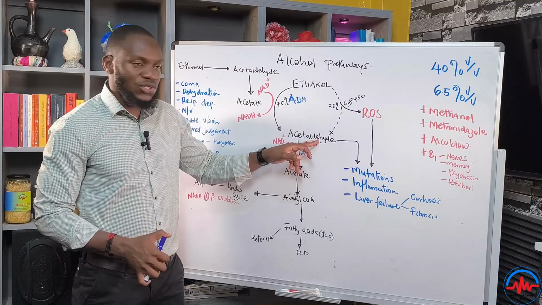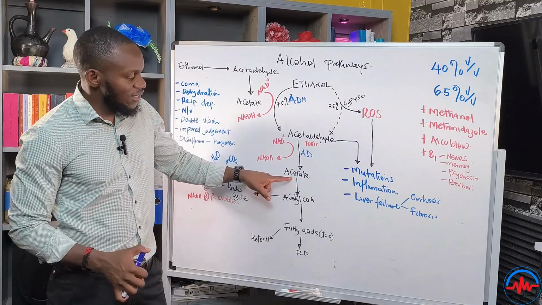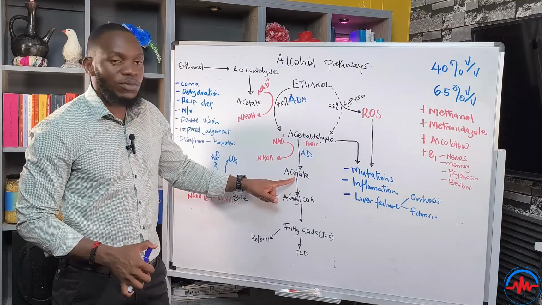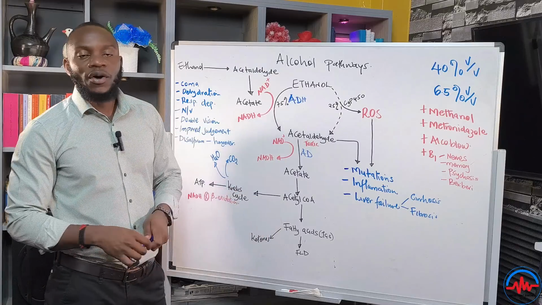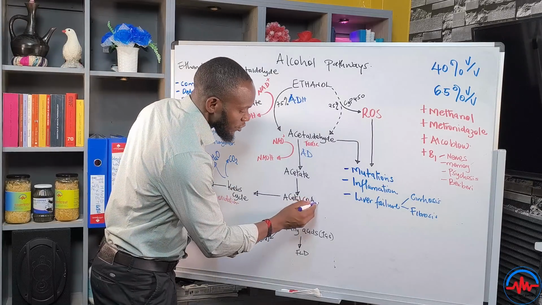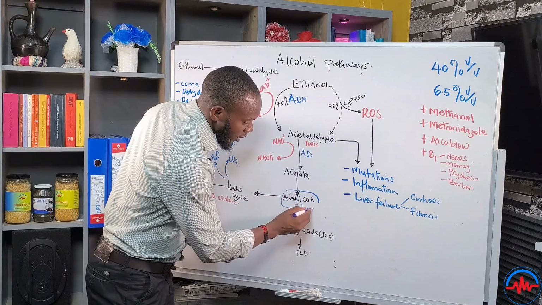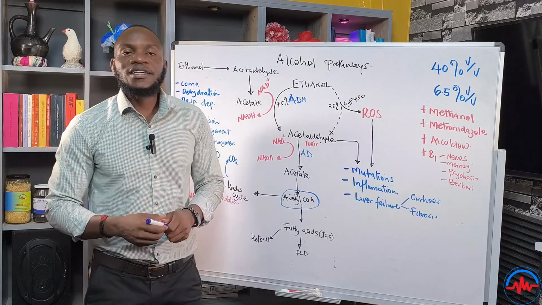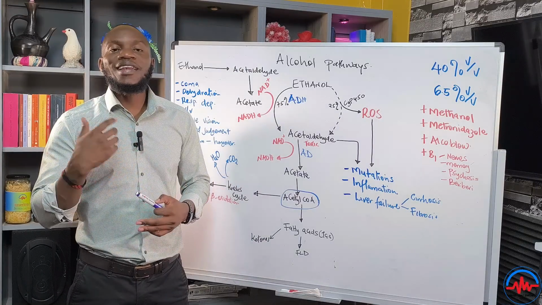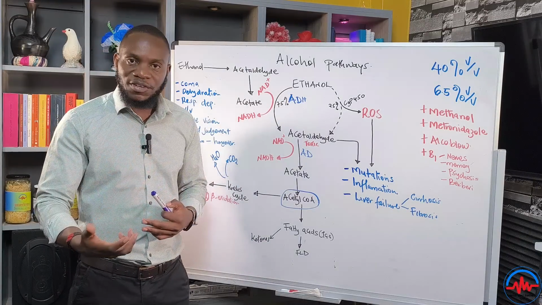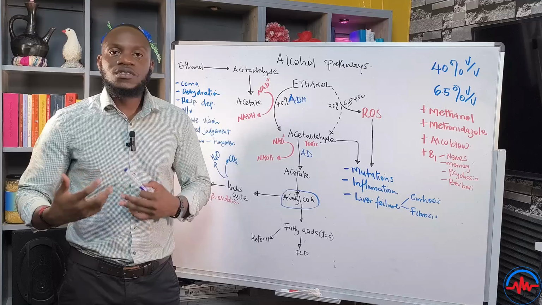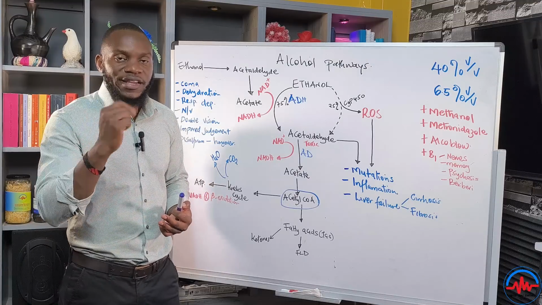You break down the acetaldehyde to form acetate, and then acetate is converted to acetyl-CoA. Remember, we've talked about acetyl-CoA multiple times. Acetyl-CoA is the substance that the mitochondria identifies, captures, and uses to synthesize energy in the Krebs cycle.